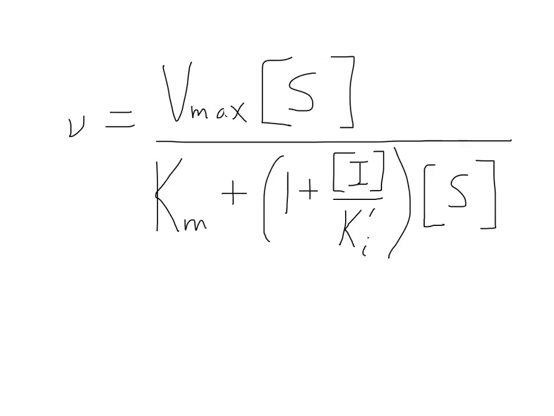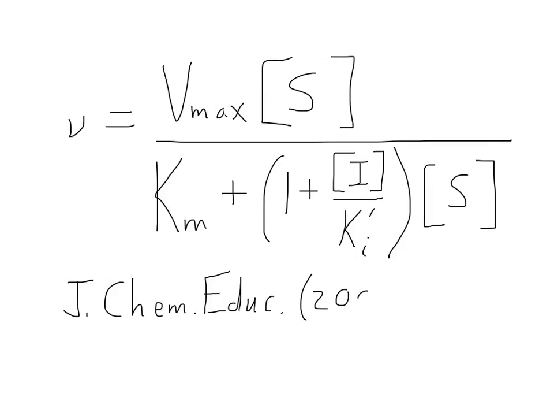King-Altman method. Now, we're not going to show a justification of this method. Instead, we're going to refer you to a paper that appeared in the Journal of Chemical Education, which is abbreviated as J Chem Educ, and that was the year 2009, and the volume was 86, and the pages are 385 to 389.